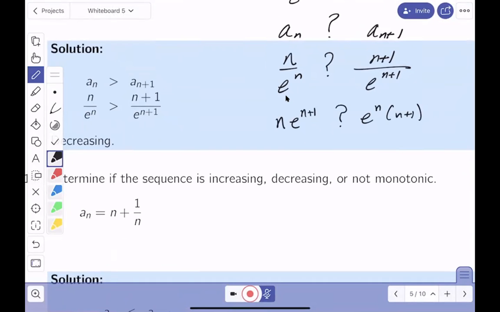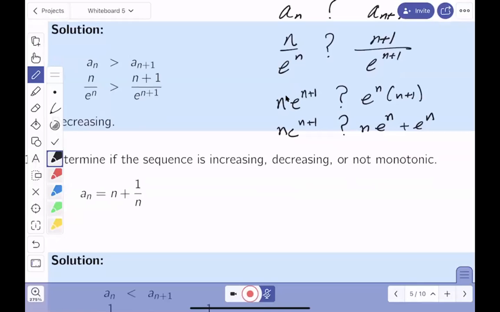Boy, looks like it's going to be tough, right? Let's put this down. n e to the n plus 1. This should be n e to the n plus e to the n. I'm going to divide both sides by e to the n, which makes it easier for me.